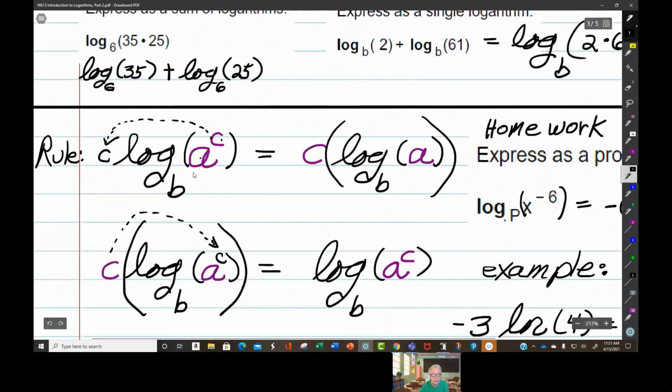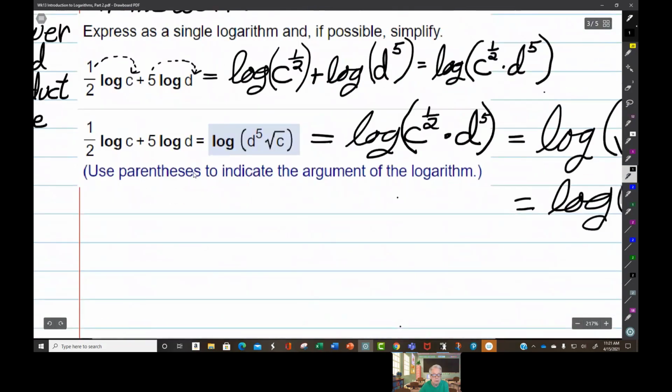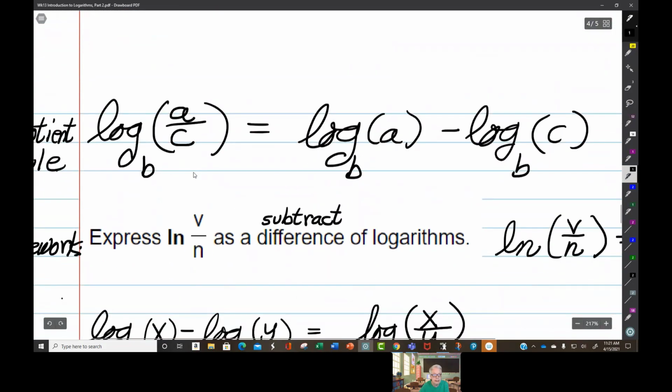Now, the quotient rule, right here, it should be pretty obvious right now. If you have b to the a power over b to the c power, then you're going to have b to the a minus c.